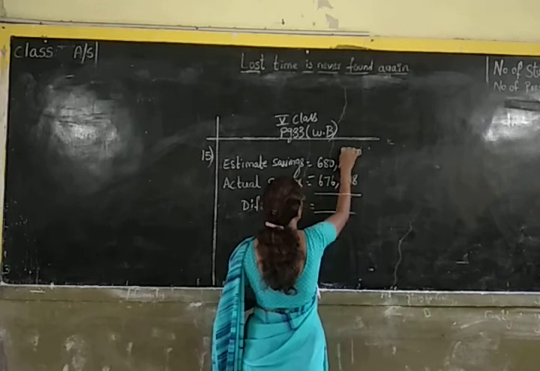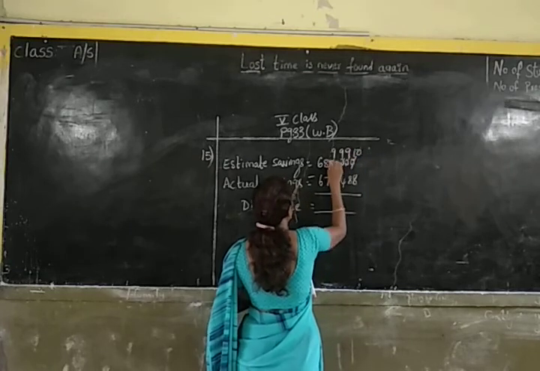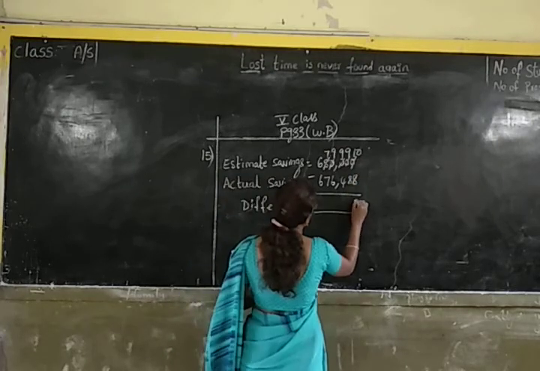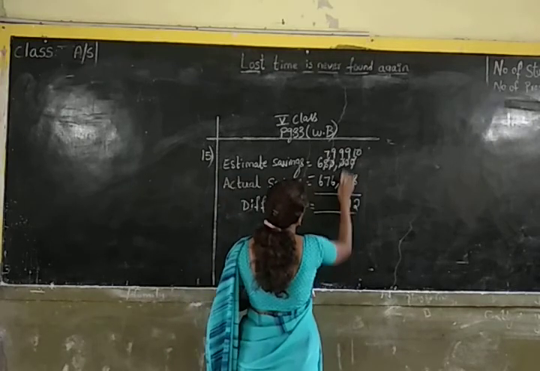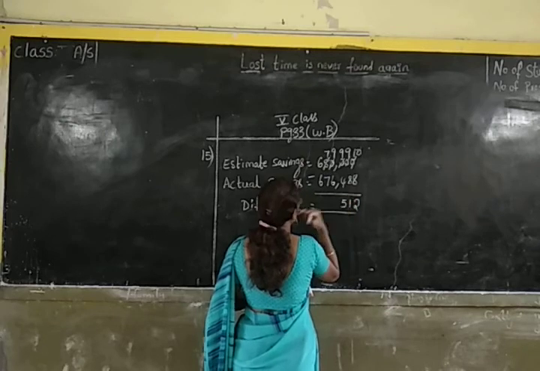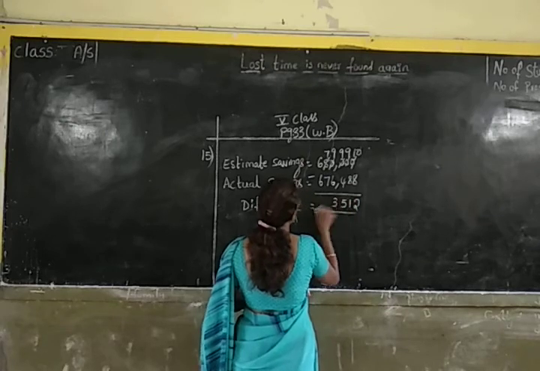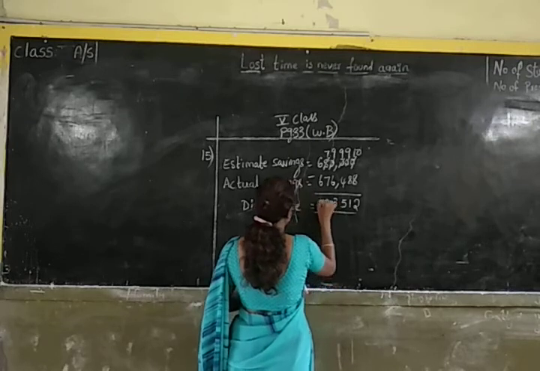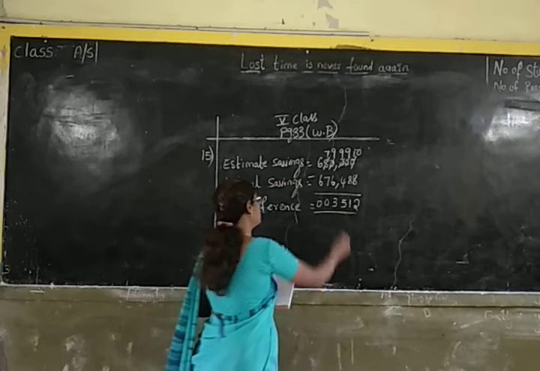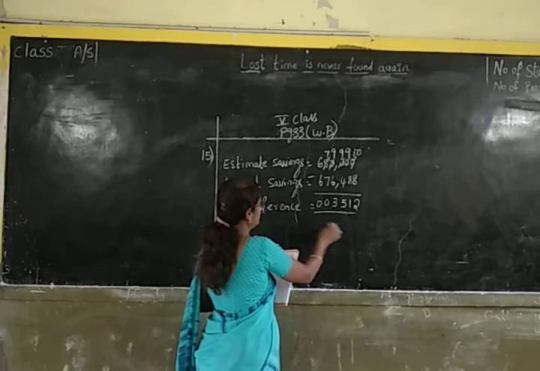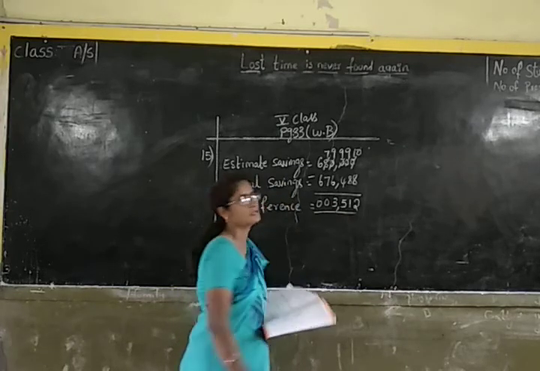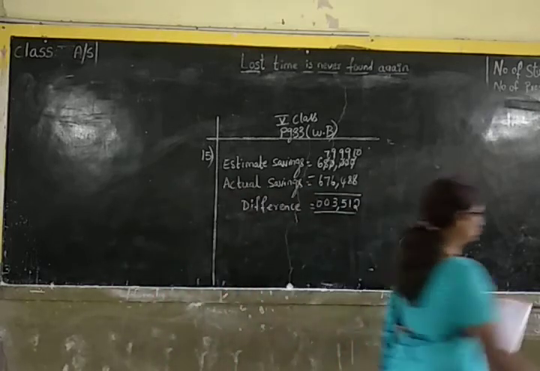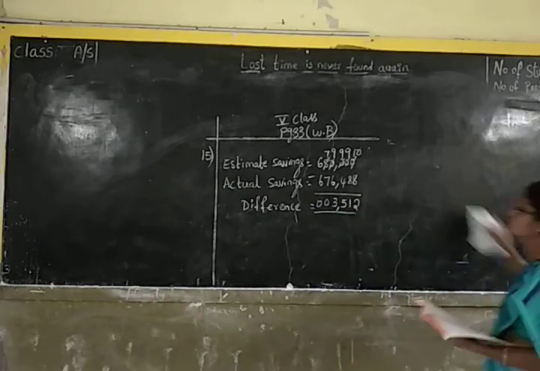This will become 9, this will become 9, this will become 9 and this will become 7. 10 minus 8 is 2, 9 minus 8 is 1, 9 minus 4 is 5, 9 minus 6 is 3, 7 minus 7 is 0, 6 minus 6 is 0. So the difference between the estimated savings and the actual savings is 3,512. Okay, children? Now let us do the MCQs in the next page.